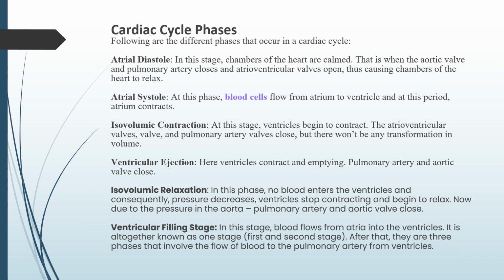In this stage, blood flows from atria into the ventricles. It is altogether known as one stage, first and second stage. After that, there are three phases that involve the flow of blood to the pulmonary artery from ventricles.